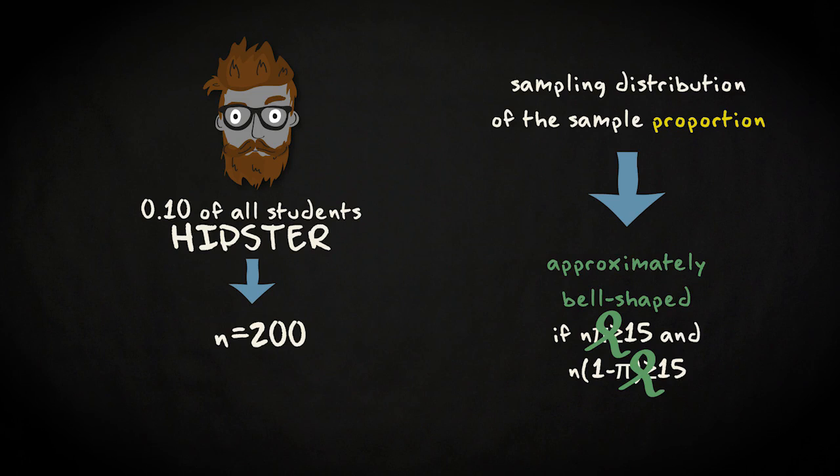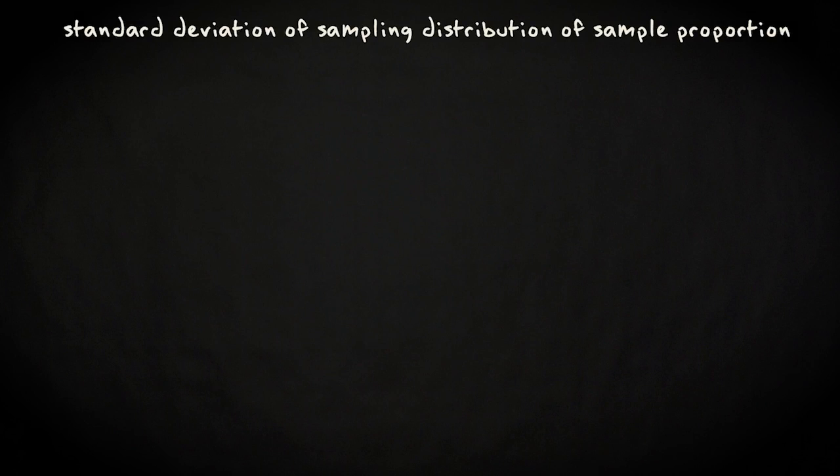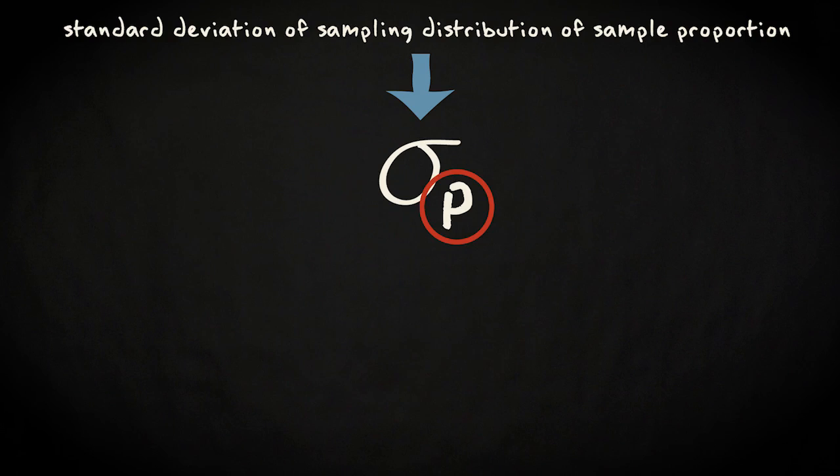There is also a pretty straightforward formula to compute the standard deviation of the sampling distribution of the sample proportion. We symbolize the standard deviation by sigma p. You know that sigma stands for the standard deviation, and p is added to show that we are talking about a sampling distribution, in which the cases are sample proportions and not individual subjects.